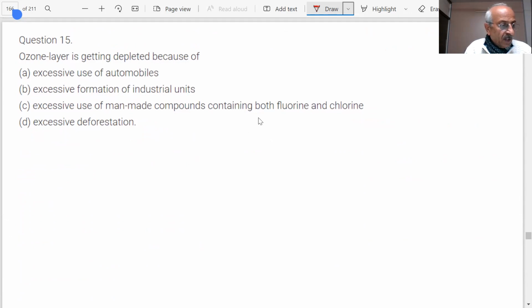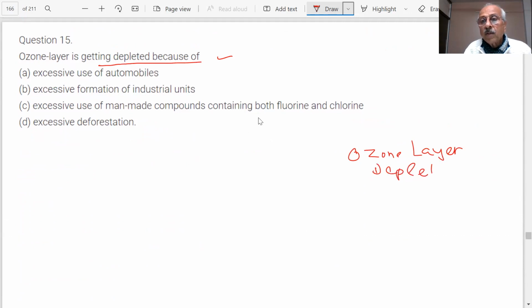Again, another question is coming. Ozone layer is getting depleted. The ozone layer is very important, and a lot of questions are asked to students on ozone again and again. Ozone layer depletion. See how nature works, this ozone.